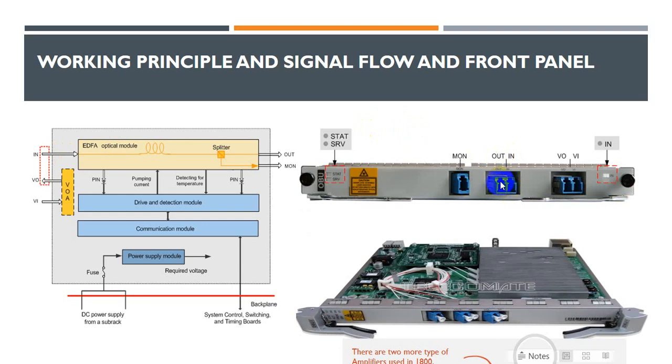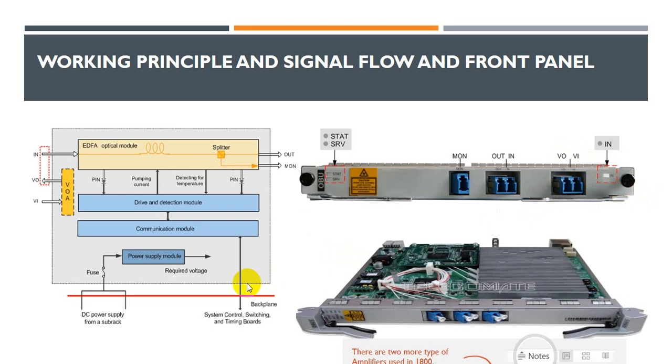They are given together, but the signal goes in, then gets amplified in the inside hardware, which is just an EDFA amplifier unit, and then comes out. And VIVO means variable input and variable output. This is a separate one.